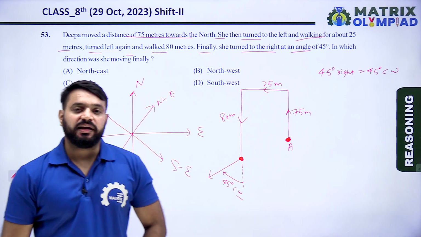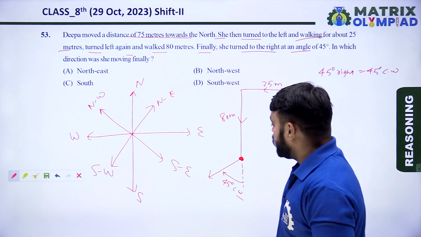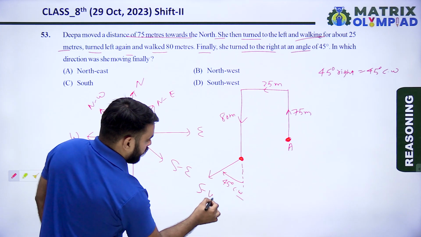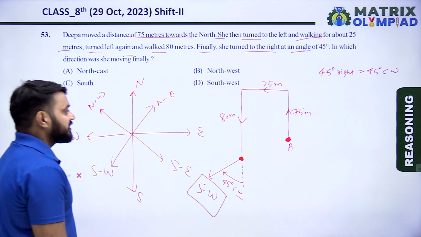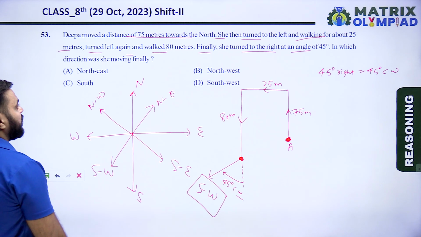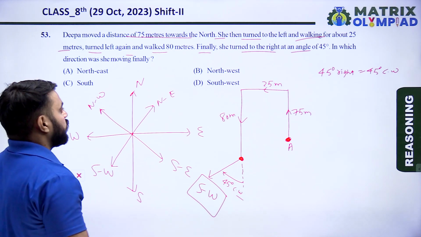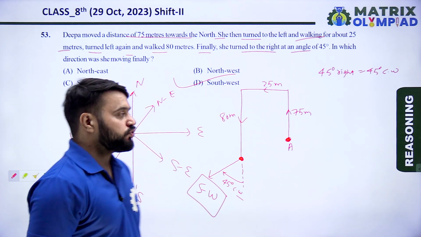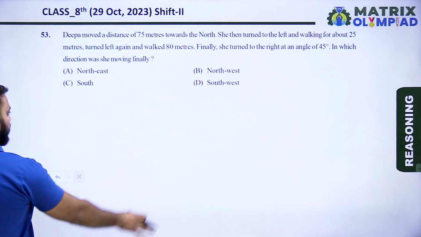So finally, she was moving towards the southwest. Southwest is the final facing of Deepa. So option D is the correct answer of this question. Let's move on to the next question.